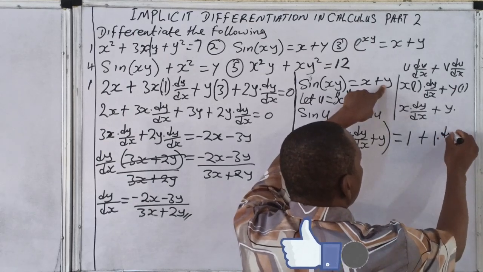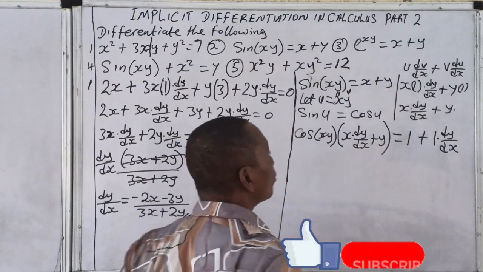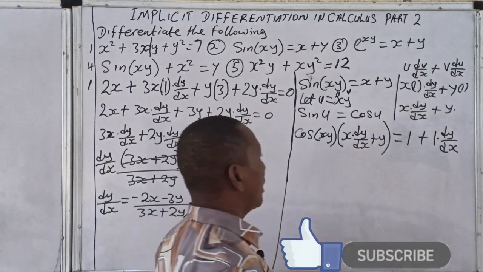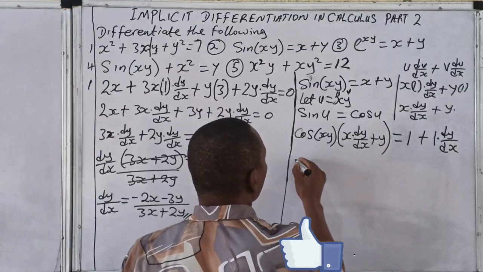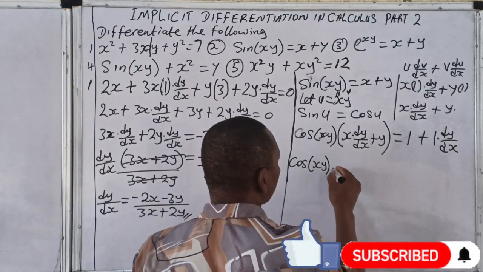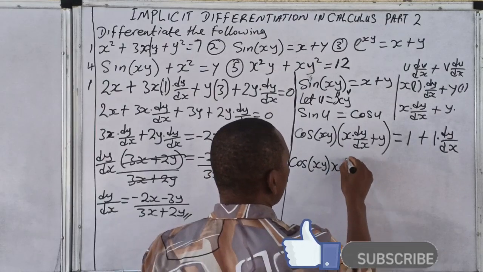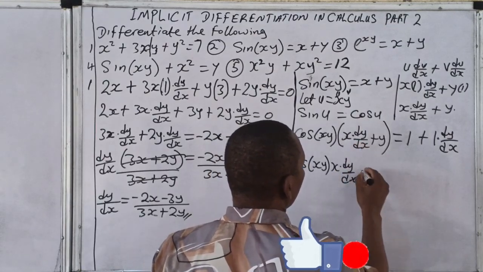dy/dx. Remember, whenever you differentiate y, you must multiply by dy/dx. So let's expand this. If I use this to multiply this, I will now have cos(xy) x dy/dx. I just use this to multiply this now.